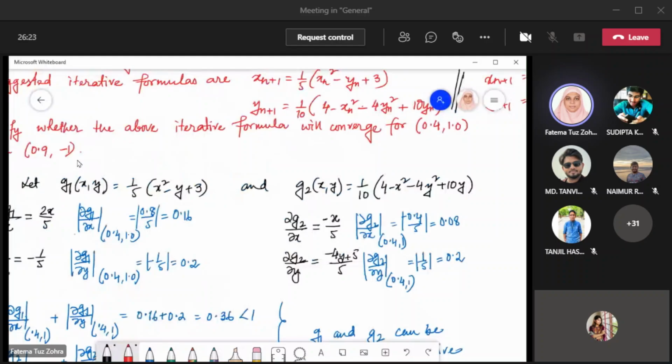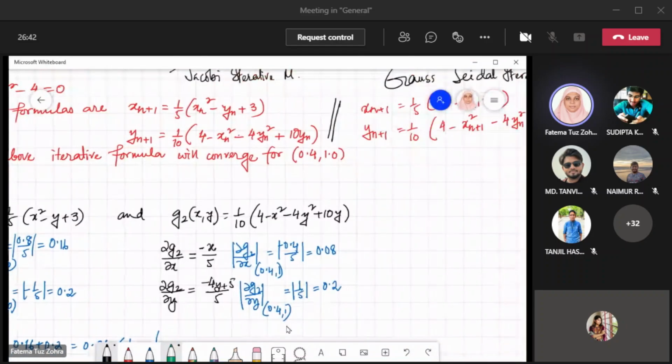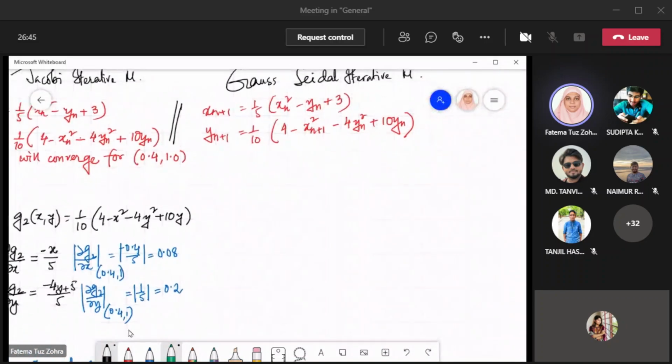So the same process, that means the values, whatever you have found out, del g1 del x, del g1 del y, or del g2 del x, del g2 del y, that value should be calculated for 0.9 and minus 1. So do it.